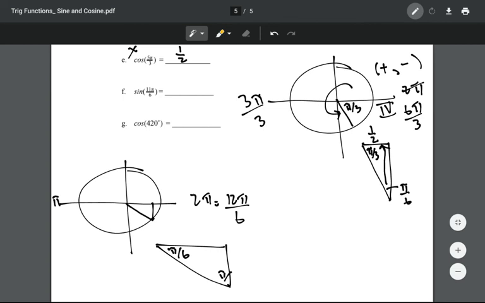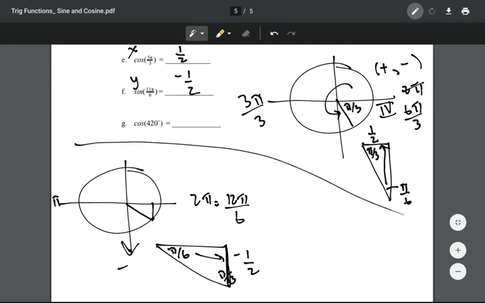This guy is pi thirds. I'm looking for sine, which is the y value. So I need this length right here, the vertical length. Across from pi sixth, this is my smaller one, so it's going to be 1/2. But here my y's are negative, so I want negative 1/2. Okay, negative 1/2.